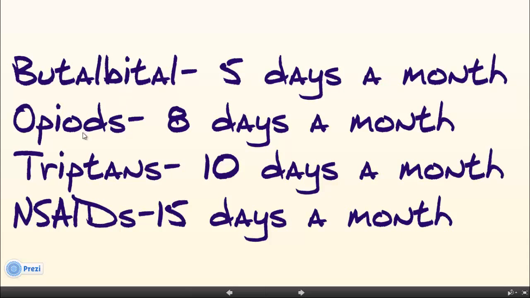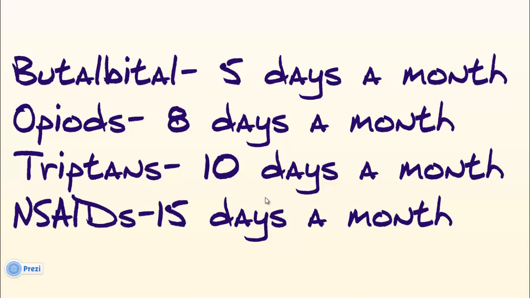Opioids can cause this with use up to 8 days a month. So if you're using them 2 days a week, you're going to cause a rebound or analgesic headache. The triptans, if you take them with too great of a frequency, can cause rebound headaches.